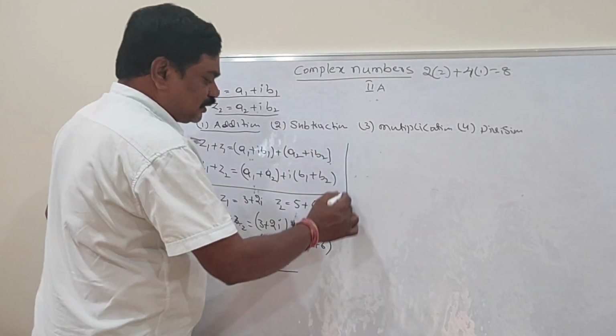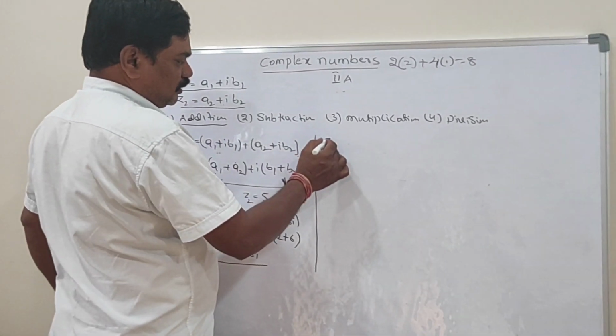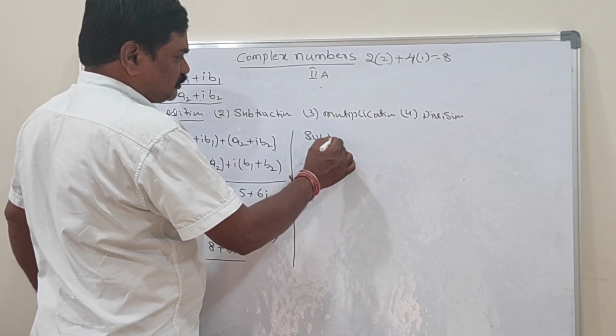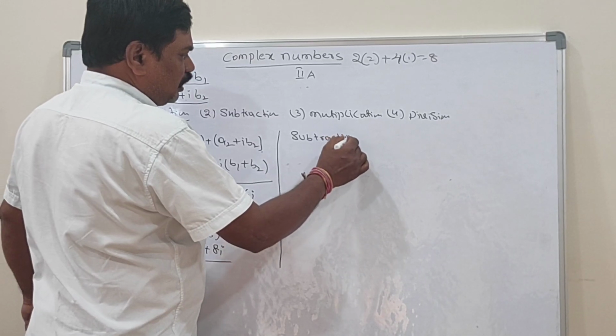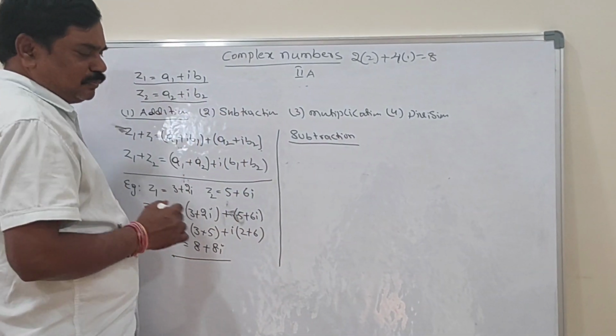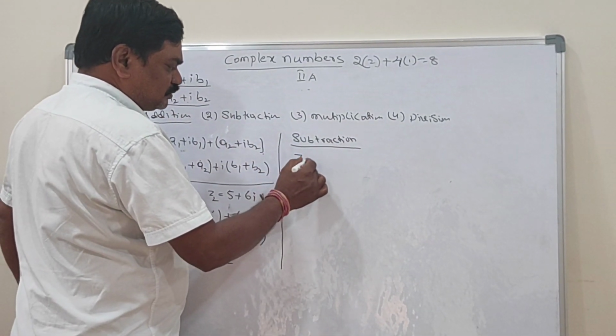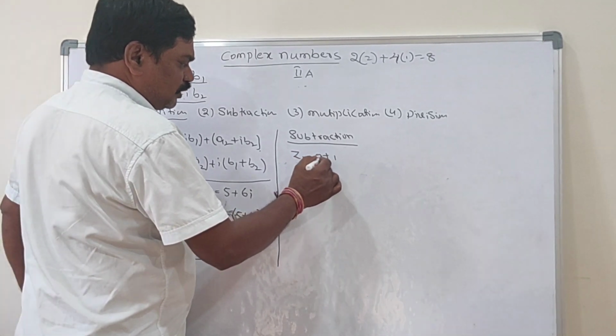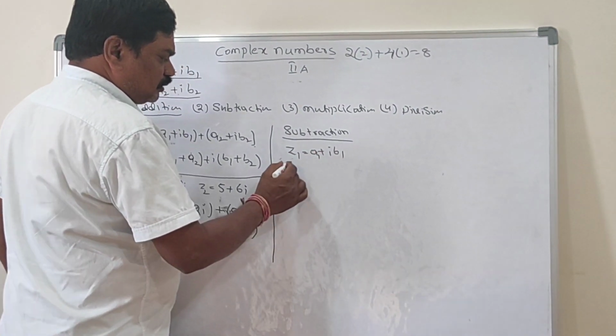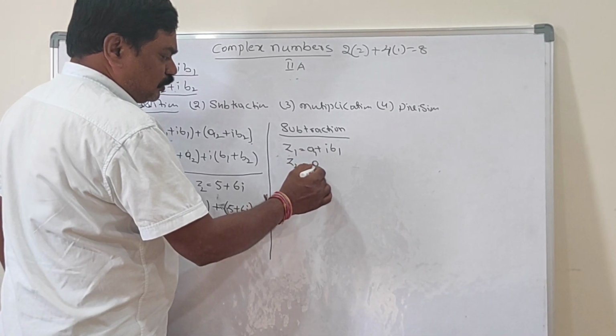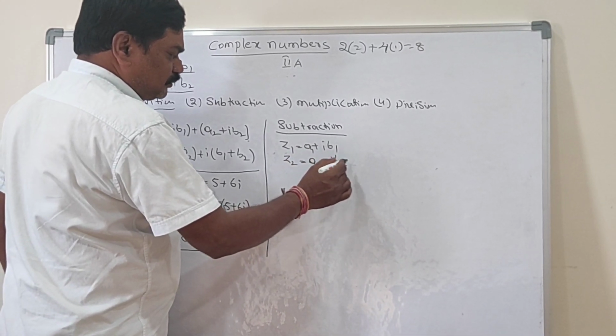Now the subtraction of two complex numbers. z1 is equal to a1 plus ib1, z2 is equal to a2 plus ib2.